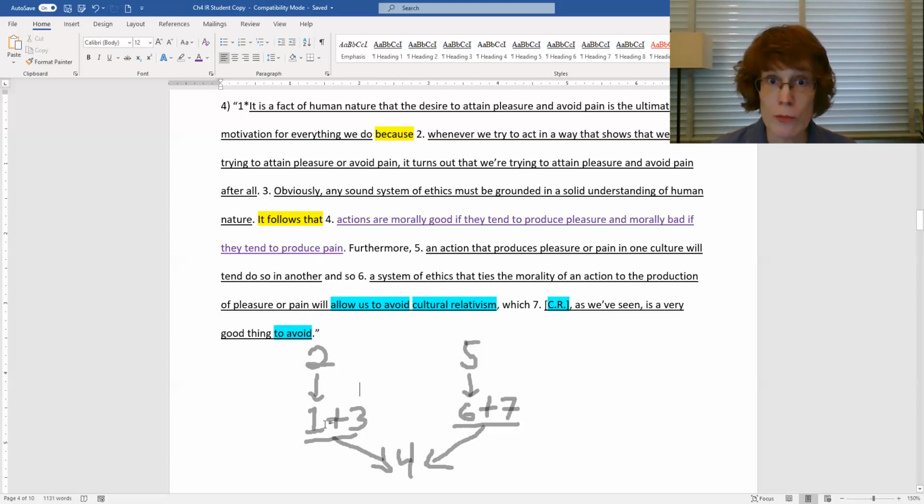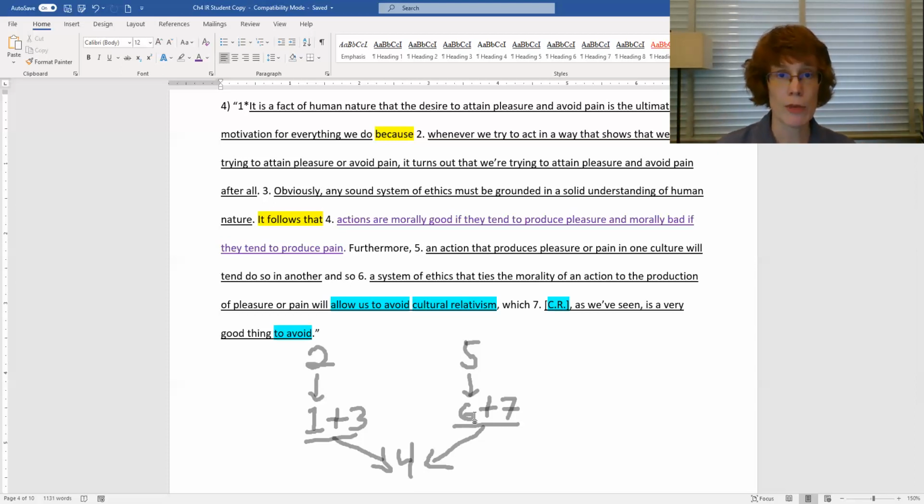So it's a fact of human nature then, that we are kind of like pleasure-seeking machines and pain avoidance machines, says Bentham. So that's the inference from 2 to 1. Any sound system of ethics must be grounded in a solid understanding of human nature, because presumably ethics are supposed to apply to humans.